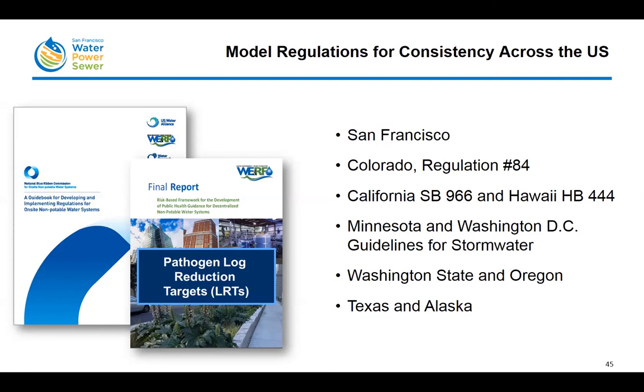The state of Colorado has already amended their Regulation 84 to incorporate the risk-based standards for blackwater treatment systems. The state of California itself, as well as Hawaii, have both passed state legislation to have the risk-based standards incorporated on a statewide level. And Minnesota and Washington, D.C. have published guidelines for stormwater that incorporate the risk-based standards.